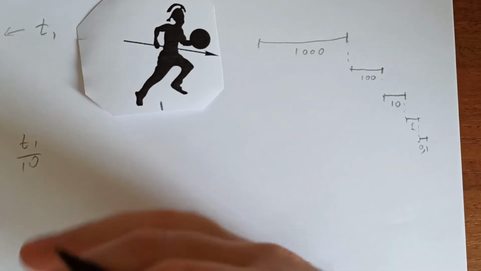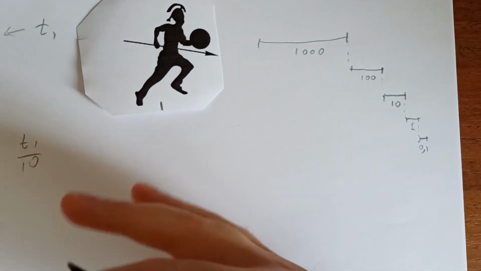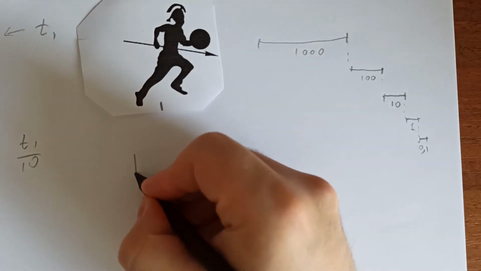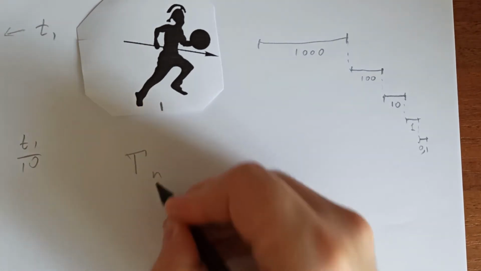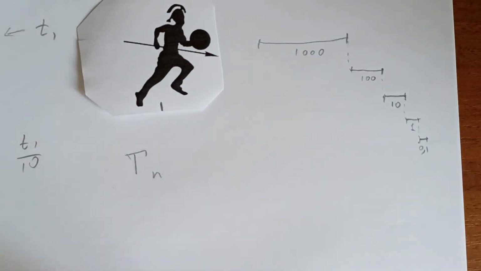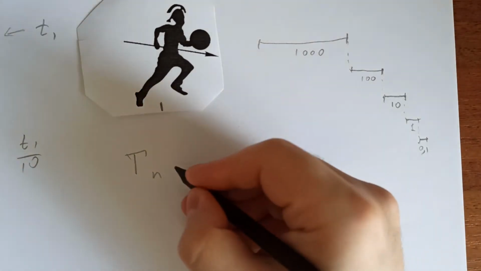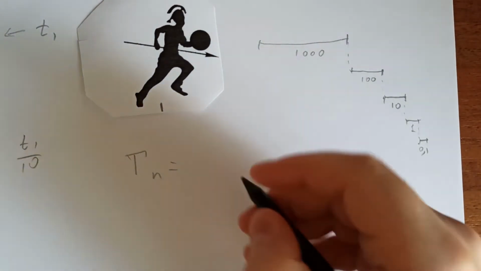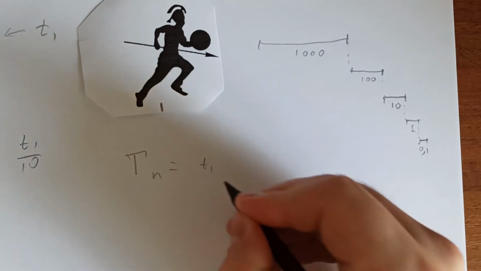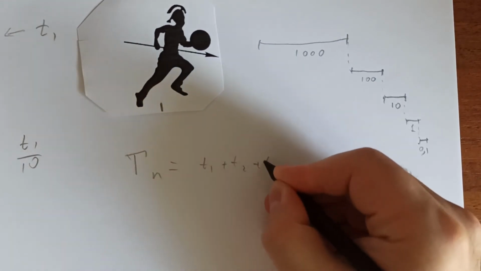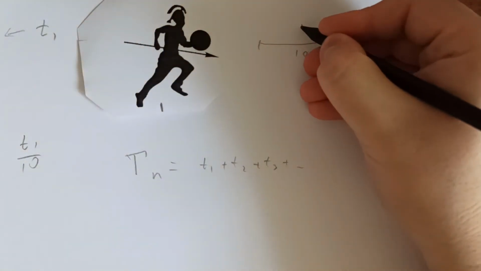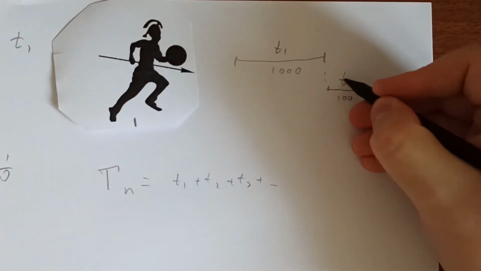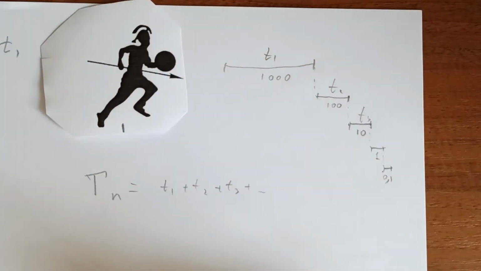So how much time will Achilles run chasing the turtle? The time over n pieces of Achilles' way will be t_1 plus t_2 plus t_3 plus so on. This will be the time for Achilles: t_1, this one t_2, t_3 and so on.